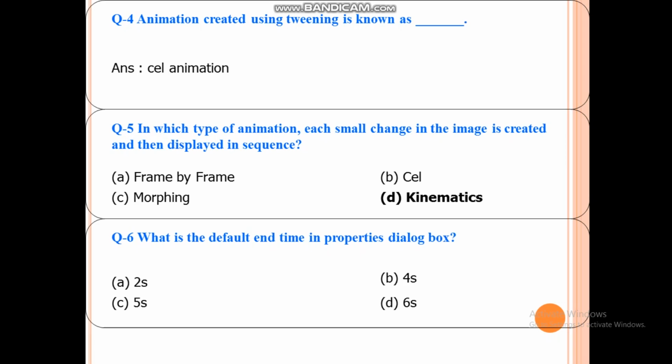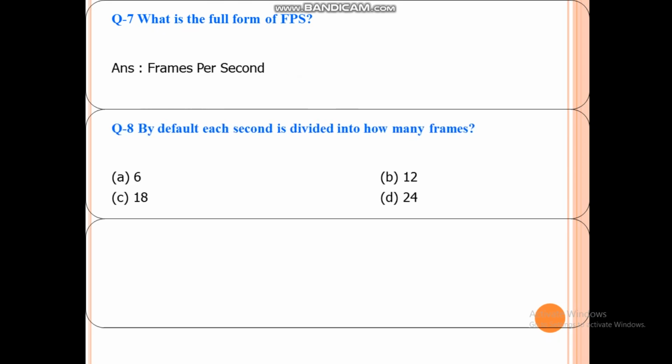Remember, default time is 5 seconds. Then what is the full form of FPS? Don't remember your physics here. It is frames per second. By default, each second is divided into how many frames? Well, that is 24 frames.